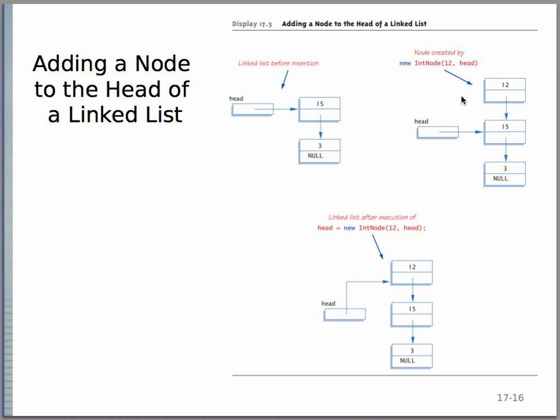So that's here. We create a new node. The link points to the old first node in the list, and then after that we set head is equal to temp, which says head is now going to point to this thing, and now we have a new first node in the list.